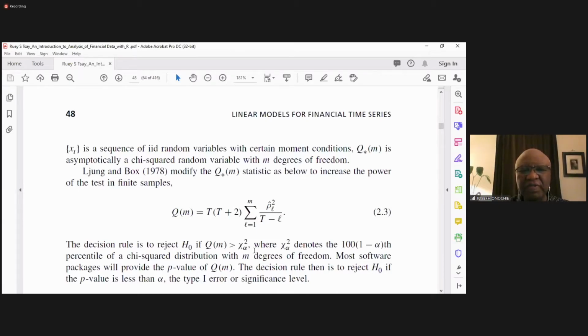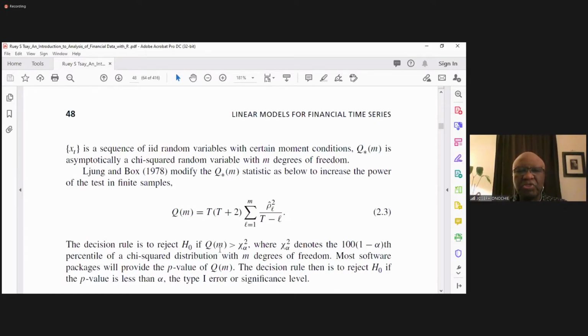Chi, C-H-I, chi-squared distribution. Because when you test, we are adding many things, and each one has a distribution. So the sum of the distributions can be F, as you did in Econ 4000, or can be chi-squared.